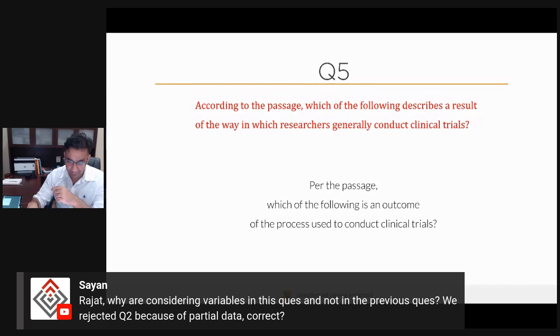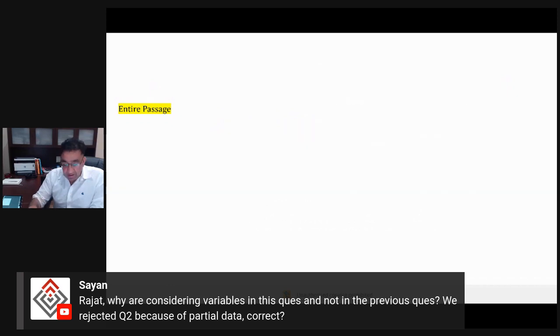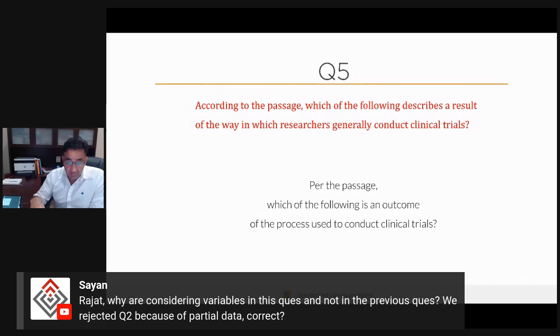Okay. This is what I call a generic detail question. Why? Because there's no specific pointing as to what we have to look for. It says, according to the passage, which of the following describes an outcome, a result of the way in which researchers generally conduct clinical trials.